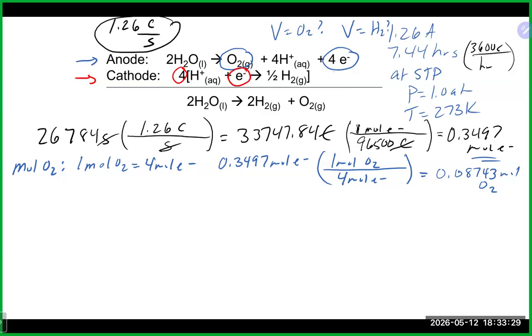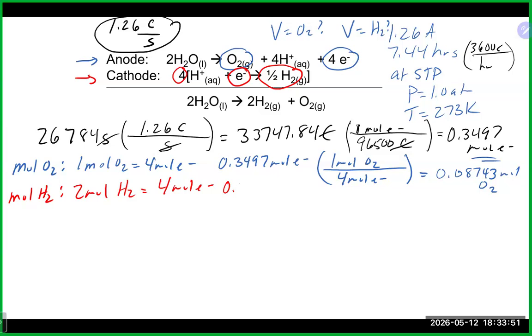So that would give us 4 moles of electrons, and 4 times a half is 2 moles of hydrogen. So 2 moles of hydrogen gives us 4 moles of electrons. If you want, you could also reduce that down to 1 to 2 as well. It comes out the same.